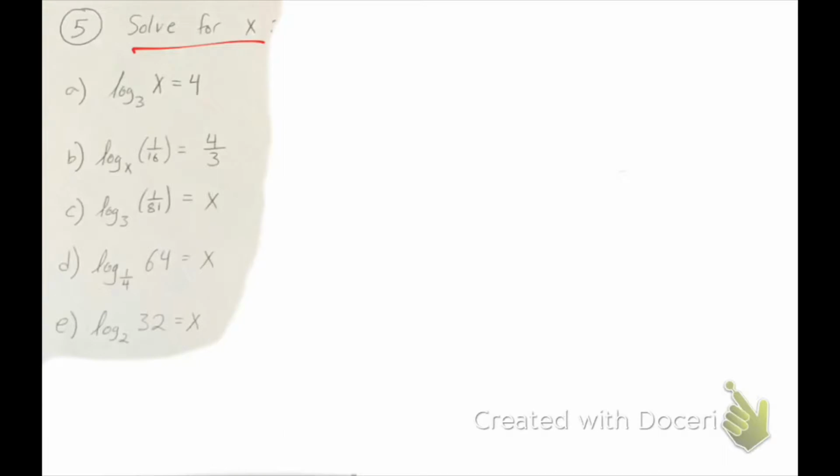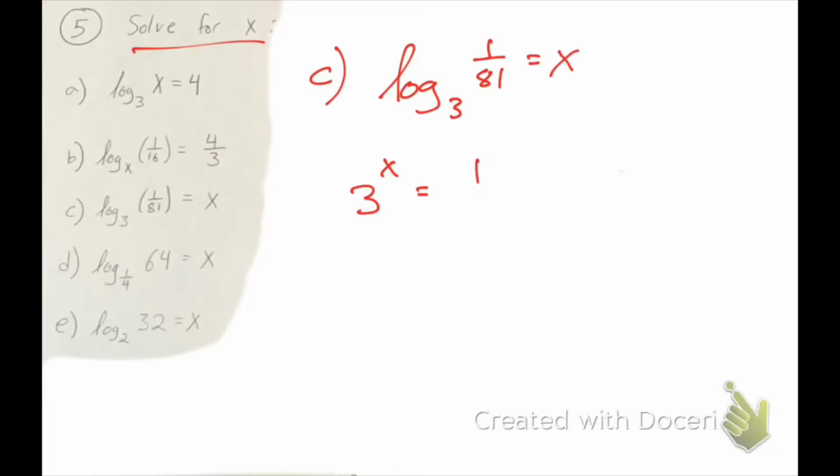Example C, I have log base 3 of 1/81 equals x. So I recycle and get that. Now, we saw in 5a that 3 to the power 4 is 81, but I need to flip it.